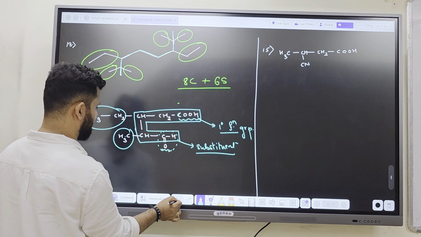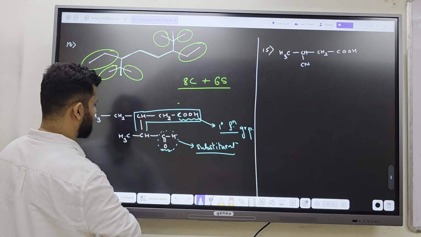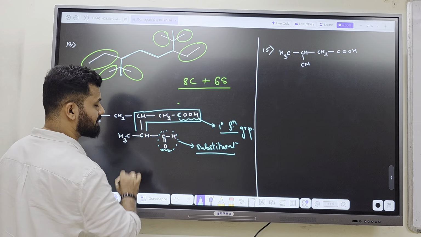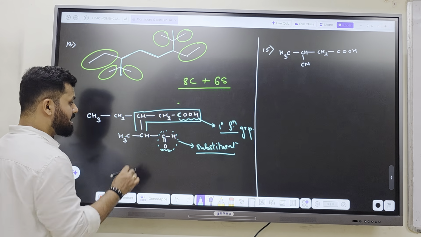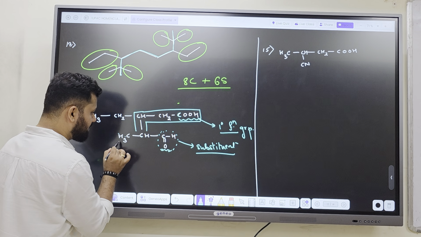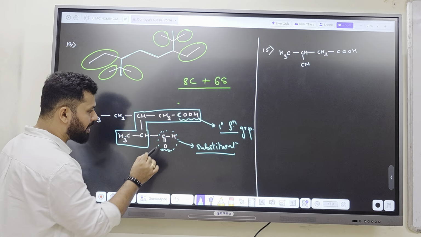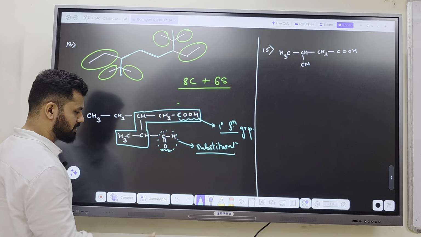Let me again do that for you. Sir, once I move down, if I go left, I have 1 carbon. If I go right, then also I have 1 carbon. So where should I turn? See, if you had to turn right, you would have 1 plus 1, 2 substituents.